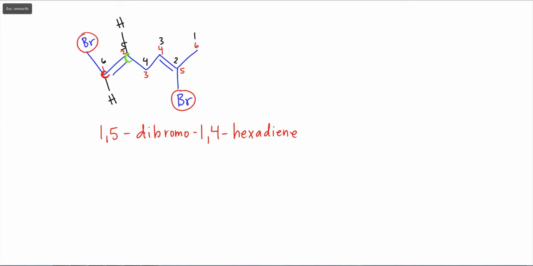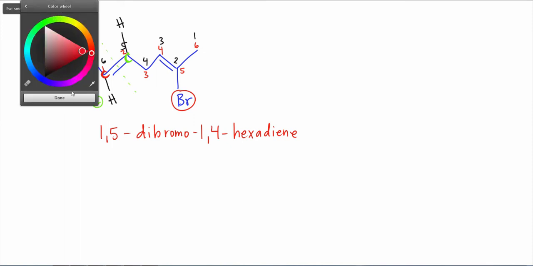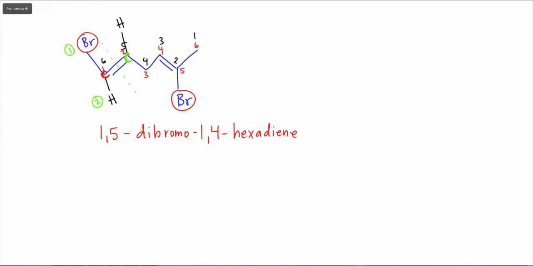On my red sp2 carbon, bromine is going to take priority 1, hydrogen 2. It's the same thing, we're drawing this line down the middle. On my green carbon over here, this is a carbon with 2 H's. So this carbon is going to take priority 1, and this hydrogen is going to take priority 2.